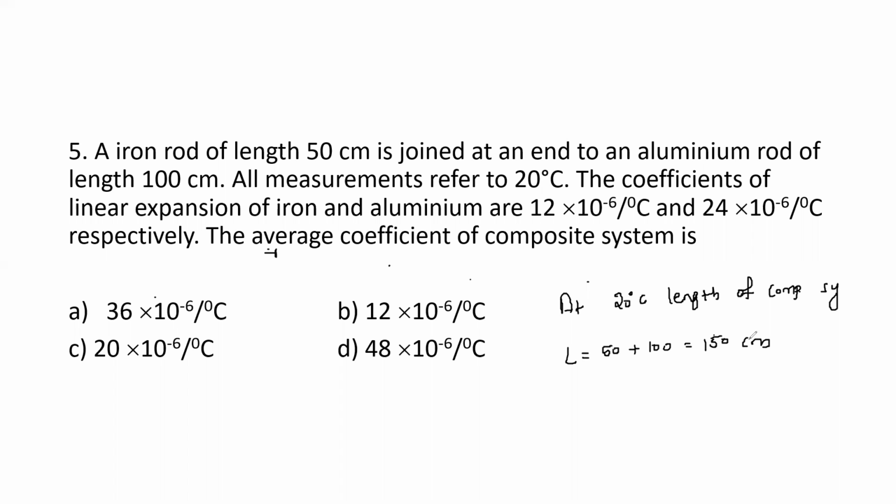See, length of iron rod at 20 degrees Celsius, it is 50 centimeter. And length of aluminium rod is 100 centimeter, which is given.